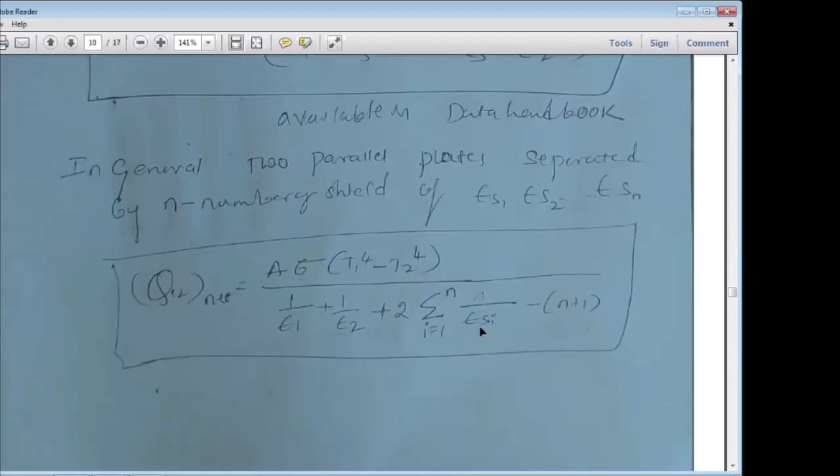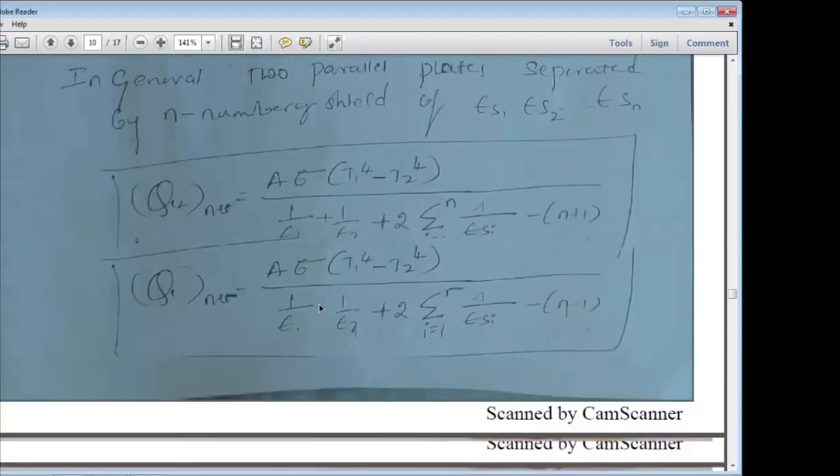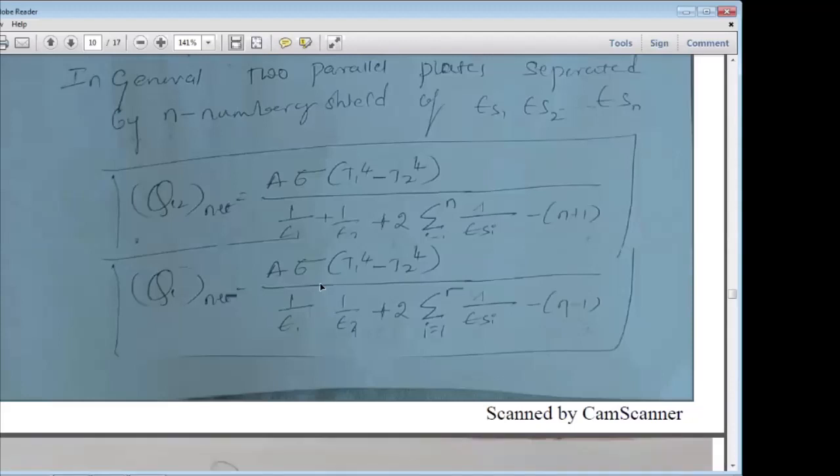Epsilon Si is the emissivity of the radiation shield. Using these two equations you can calculate the heat transfer whenever a radiation shield is inserted between two parallel plates.